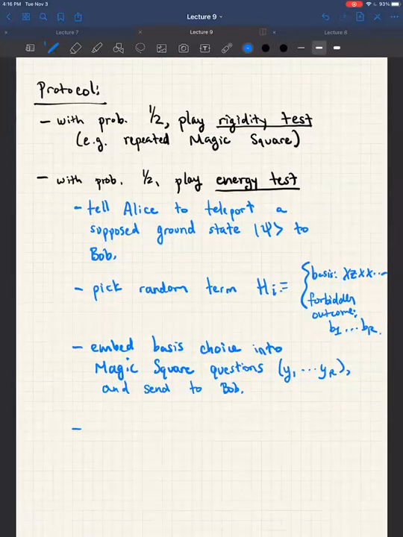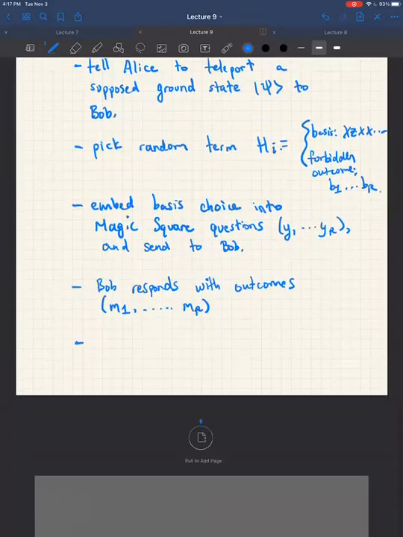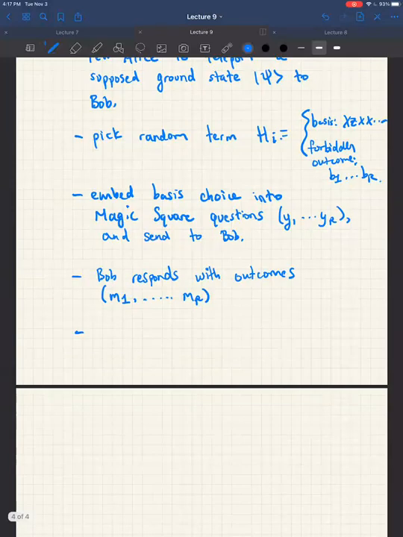And then, let's call the outcomes M1 up to MR. There's going to be an intermediate step that I will describe in just a minute. This is called the teleportation correction.